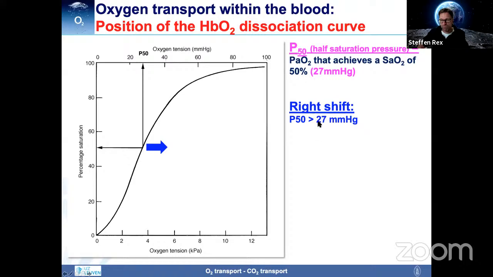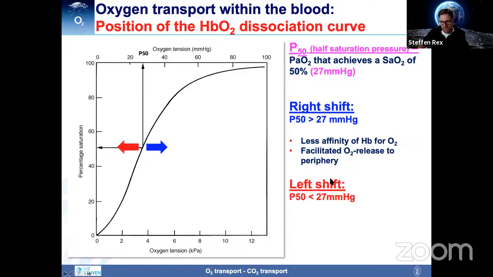That means you need more partial pressure of oxygen to achieve a hemoglobin saturation of 50%. And this has certain advantages because it means that there's less affinity of hemoglobin for oxygen and that you have a facilitated oxygen release to the periphery. If you have a left shift, the half saturation pressure is lower than 27 millimeters of mercury, and you have a higher affinity of hemoglobin for oxygen and an impaired oxygen release into the periphery.